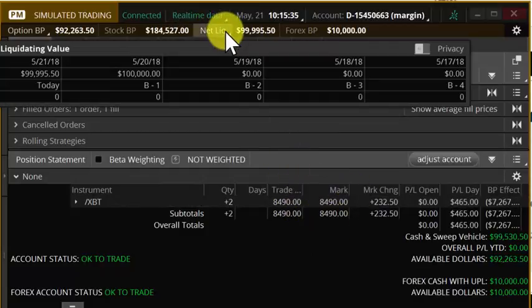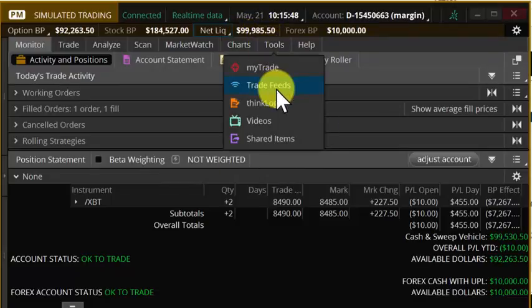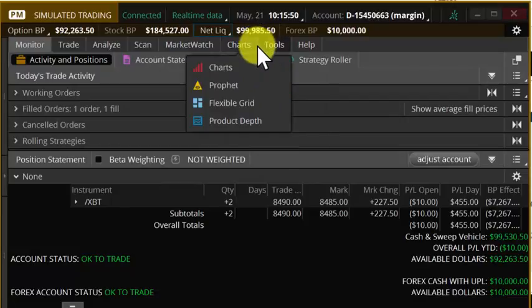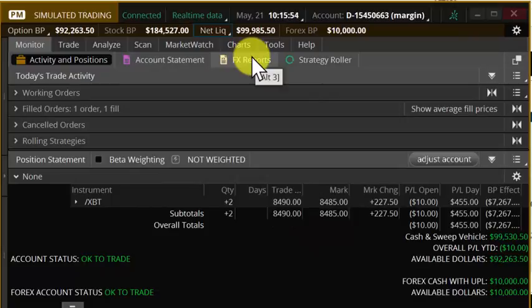But the number that matters to you is the net liquidation, right? That's how much money you actually have. So this paper account started with 100,000, and now it's at a little bit less due to transaction costs and stuff like that. Maybe you're buying at the ask when you're doing a market order, and so you're always down a little bit at first.